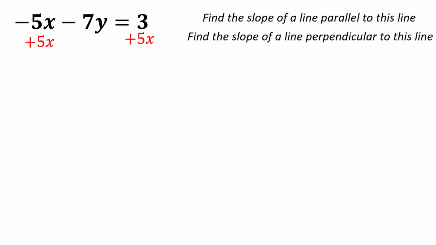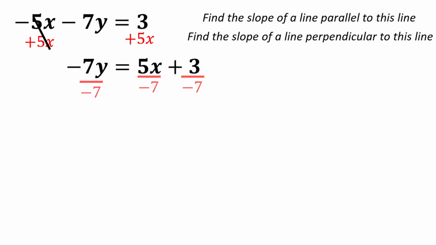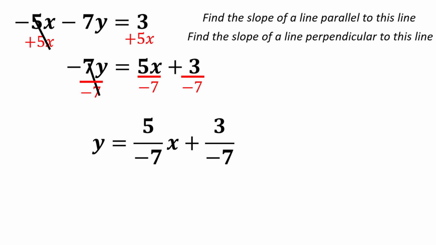Adding 5x to both sides, we get negative 7y is equal to 5x plus 3. Dividing by negative 7, we get y is equal to 5 over negative 7 x plus 3 over negative 7. This can be written as y is equal to negative 5 over 7 x minus 3 over 7.